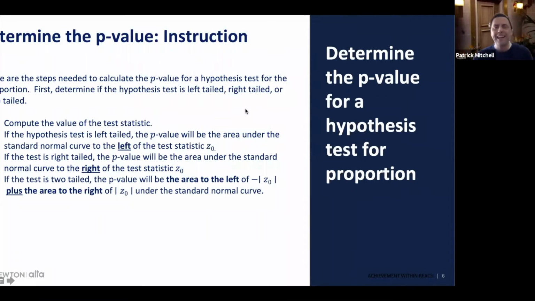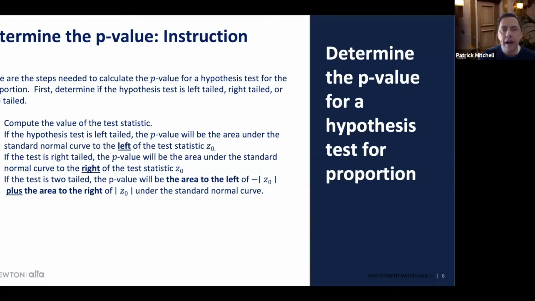Here are the steps needed to calculate the p-value for a hypothesis test for a proportion. First, determine if the hypothesis test is left-tailed, right-tailed, or two-tailed. Then, calculate the value of the test statistic. If the hypothesis test is left-tailed, the p-value will be the area under the standard normal curve to the left of the test statistic z sub 0.